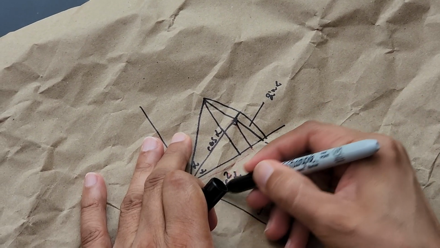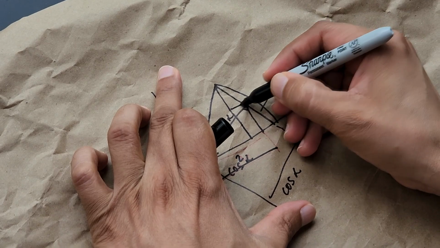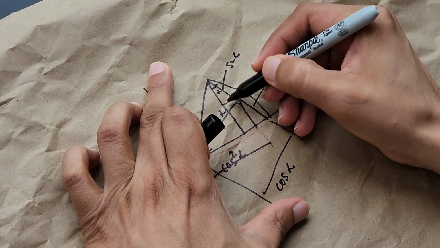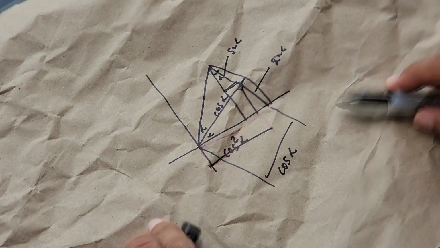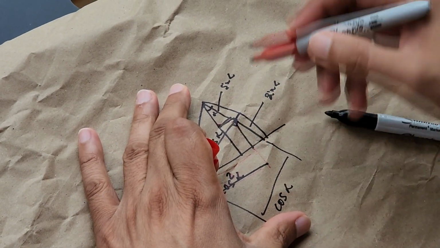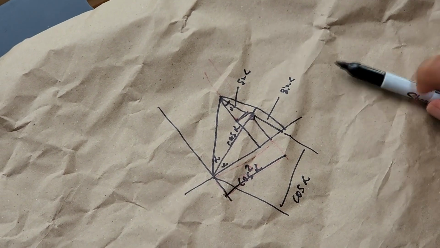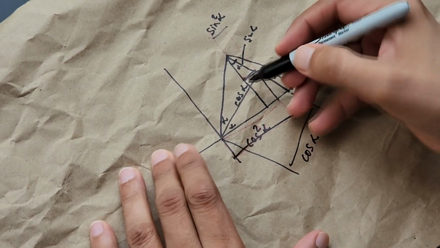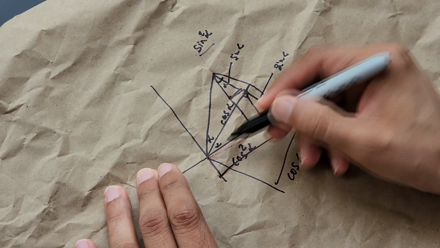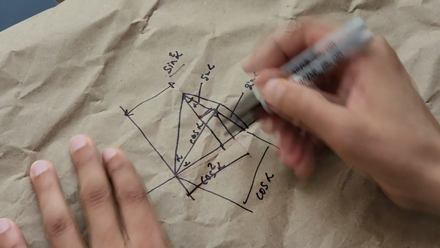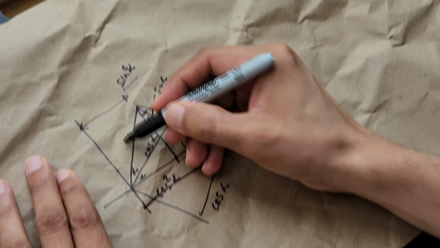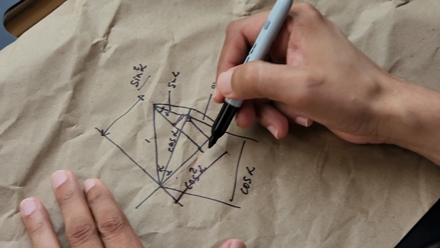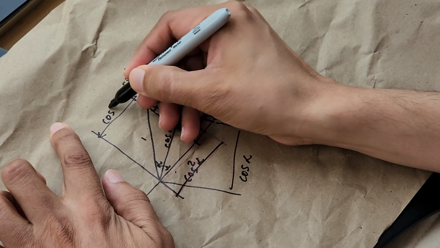Cosine square alpha from here to here, and we can see that this part was sine alpha, and we saw earlier this angle is alpha, and so this section is sine squared alpha, and now this distance is basically the right triangle with angle 2 alpha and hypotenuse 1, so this is going to be cos 2 alpha.